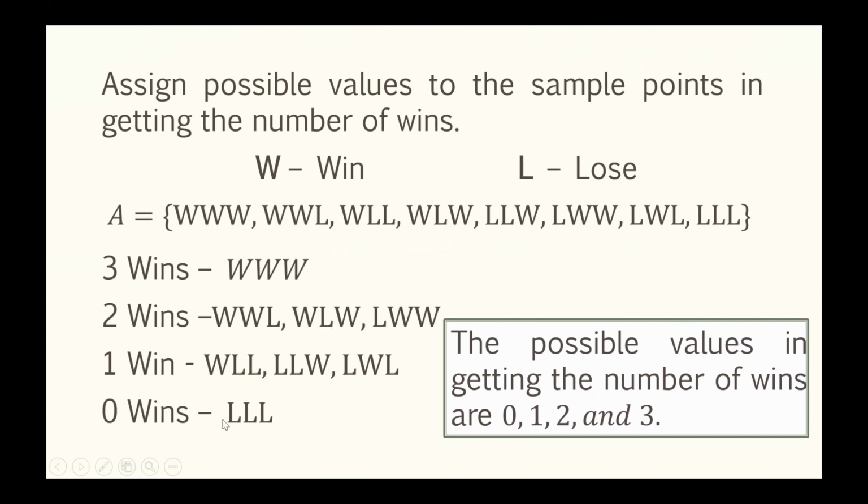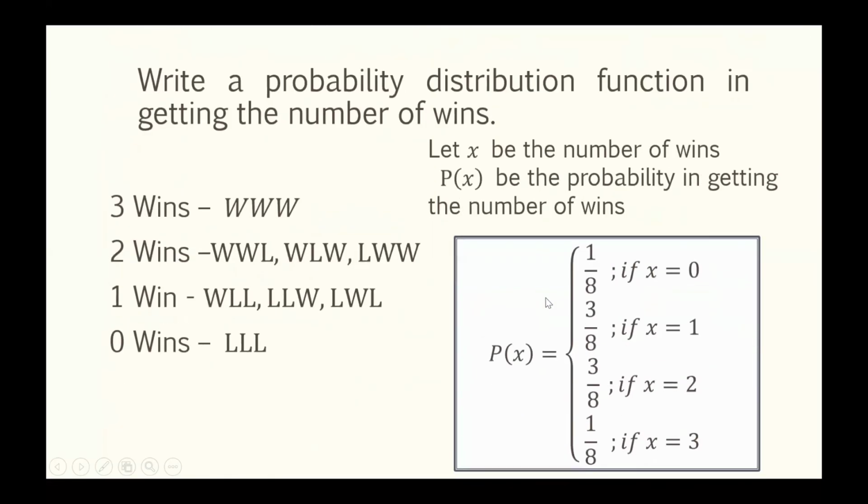And 0 wins, we have 1 outcome only. So all in all, there are 8 outcomes. The possible values in getting the number of wins are 0, 1, 2, 3. Those are the values of x for the probability distribution function in getting the number of wins.